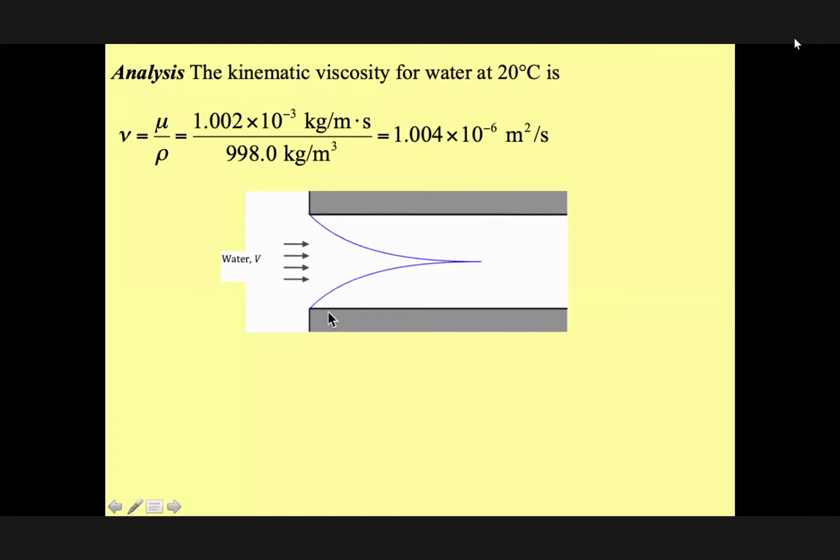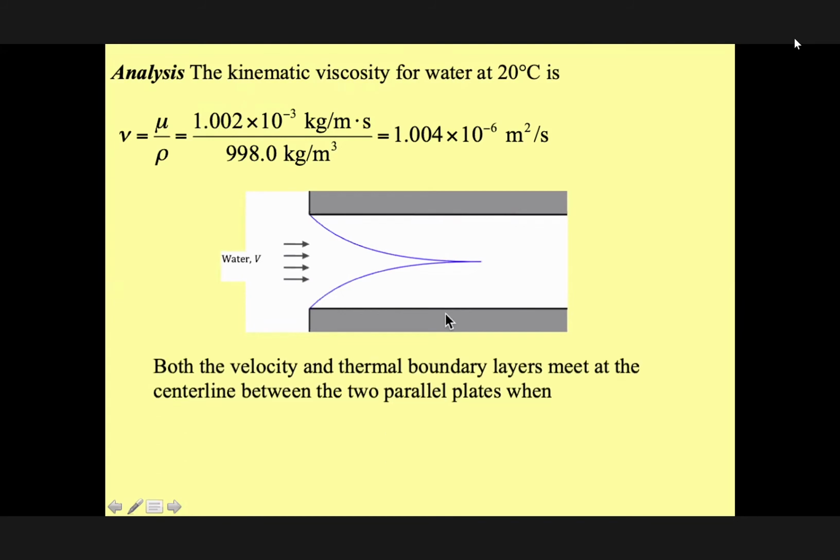The question here is, what is the distance from here to here? We have an expression that gives us the thickness as a function of the length, and that's exactly that one here.